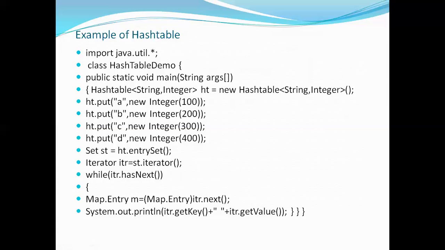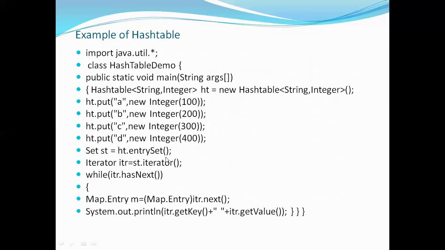So that is stored in M, and then I'm printing the value of that, whatever key you got from this list. That is printed as iterator.getKey plus iterator.getValue. So what is happening here? We have entered a pair, key and value. Now while retrieving, I am retrieving all those.